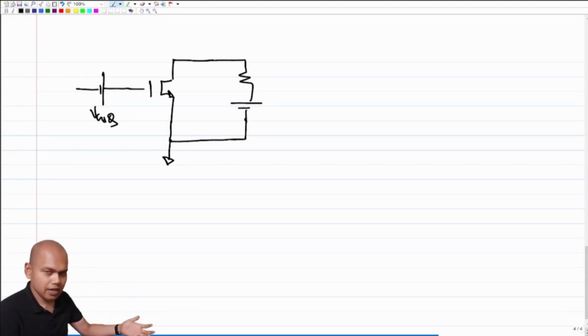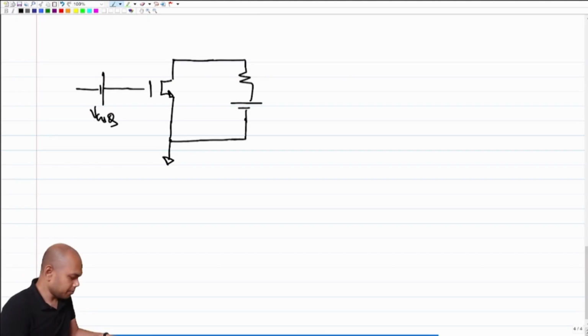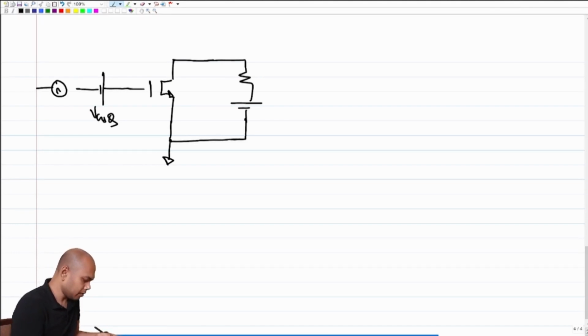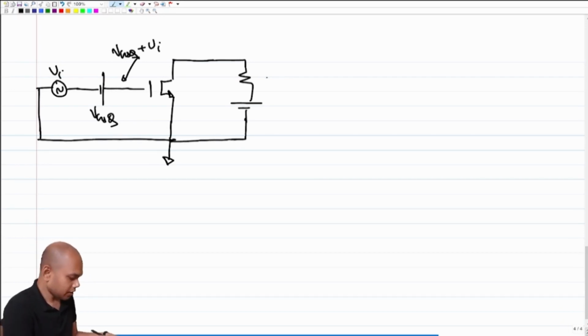And how can you add? You add two voltage sources in series, the voltage adds up, and that's what our structure is. If this is Vi, this is VGSQ, this voltage will be VGSQ plus Vi.